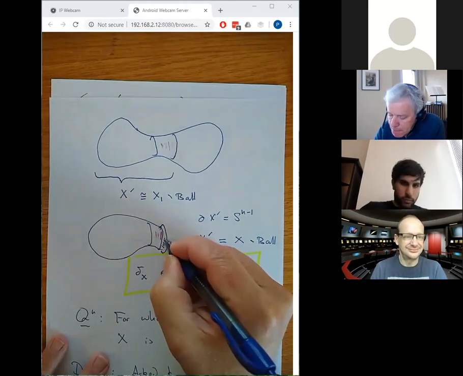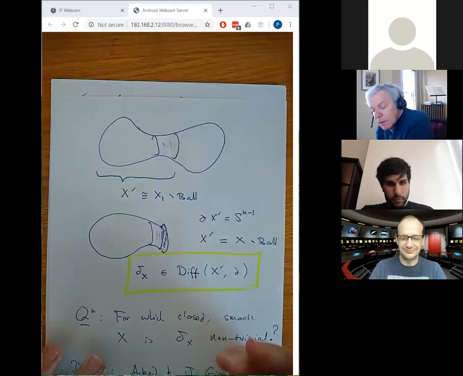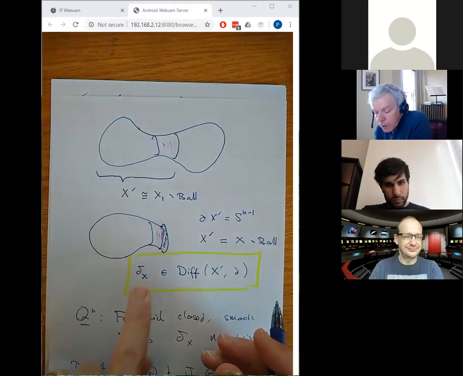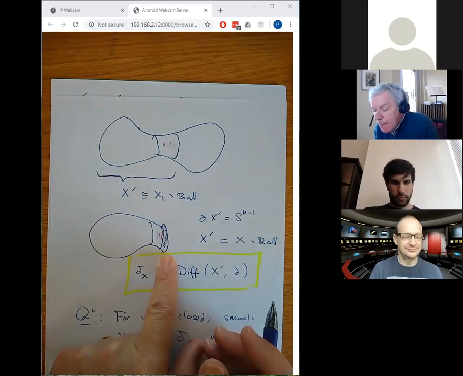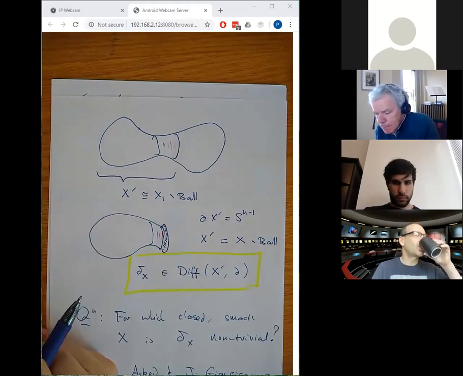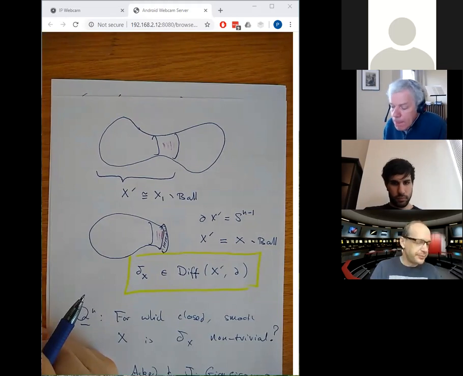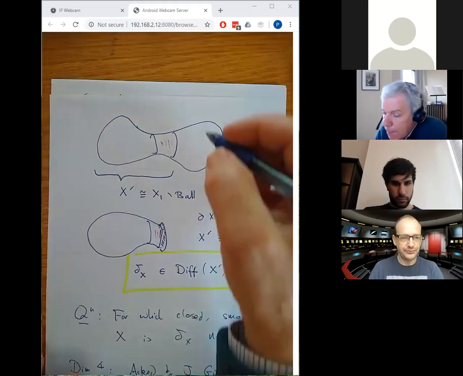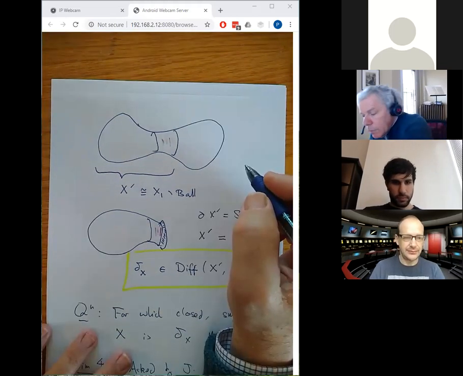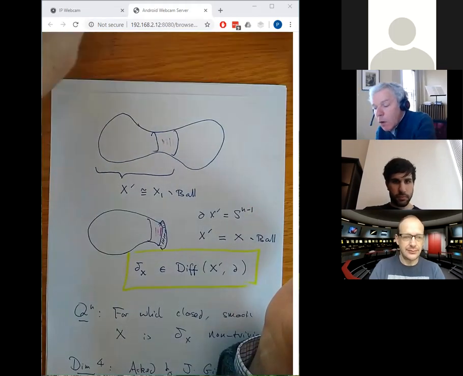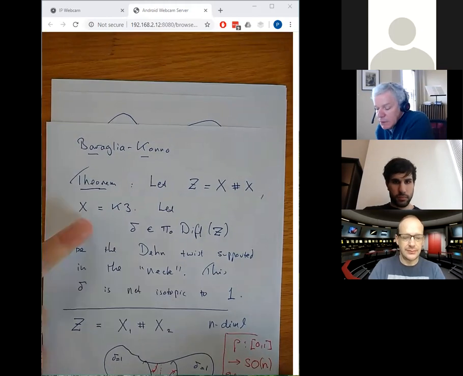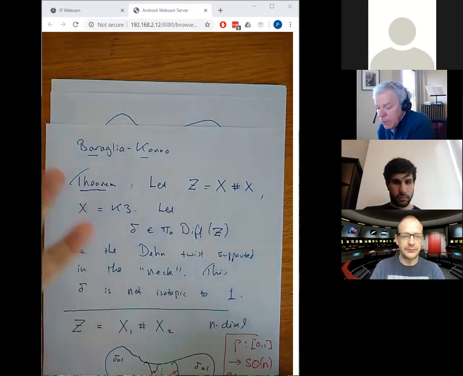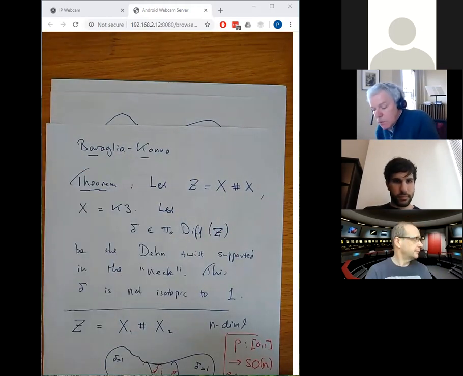So that's a self-diffeomorphism which I can think of as being supported away from the boundary, the identity on the boundary of this manifold. The theorem, scrolling back one further page, talked about a connected sum of two K3s and the statement that a Dehn twist in the neck was non-trivial.